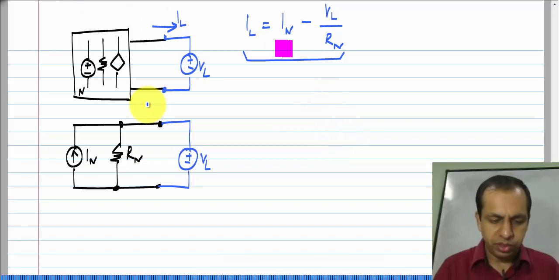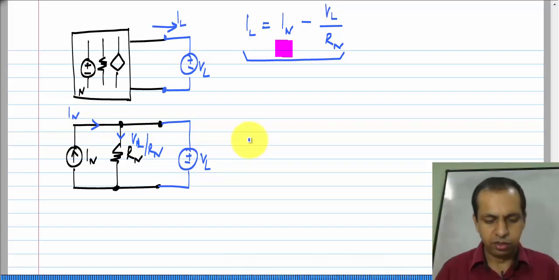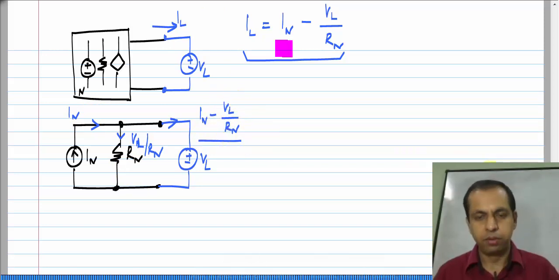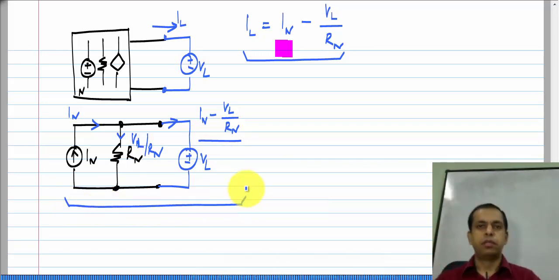So, clearly you see that the current flowing here is V L divided by R N, the current flowing that way is I N, the short circuit current. So, the current flowing here is nothing but this current minus that current, which is I N minus V L divided by R N. Okay. Is this fine?